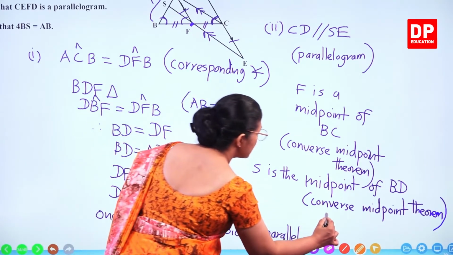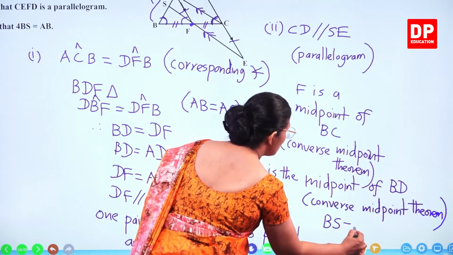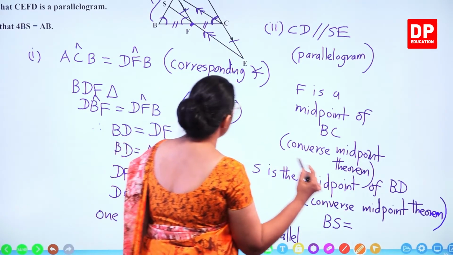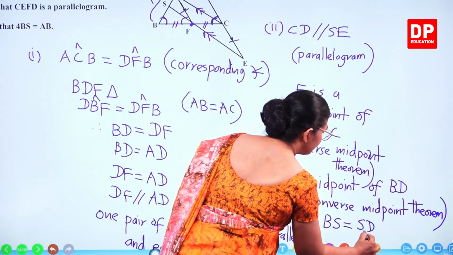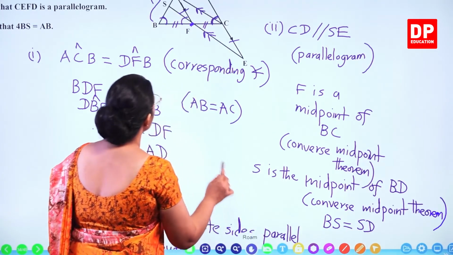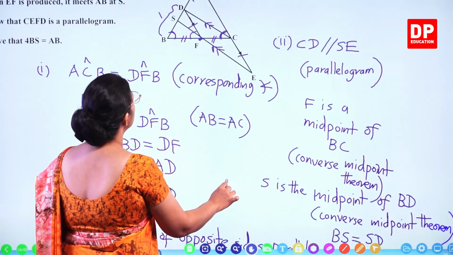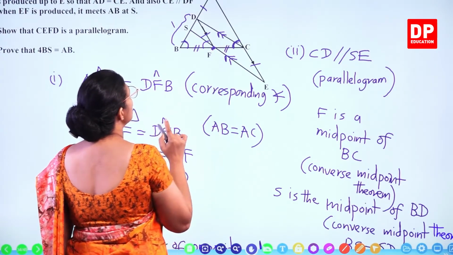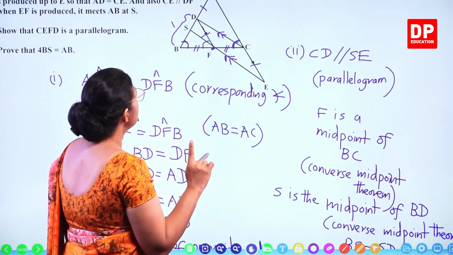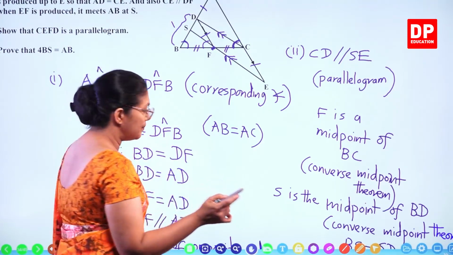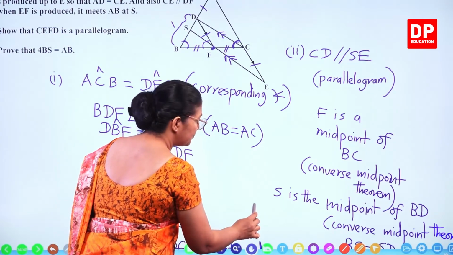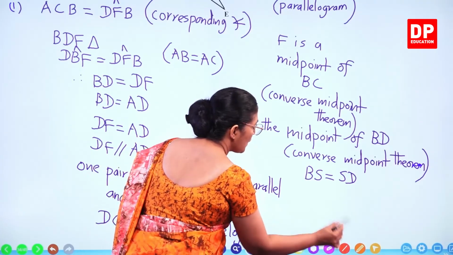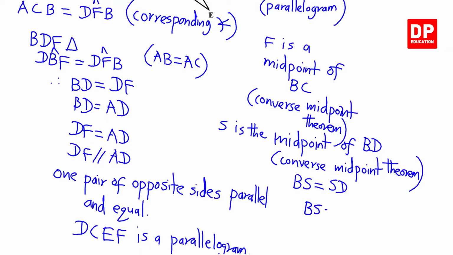So BS is equal to SD. So that means BS is half BD.